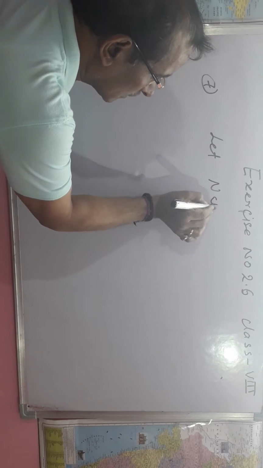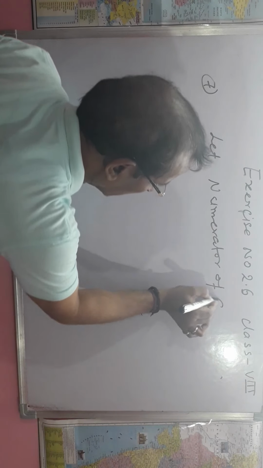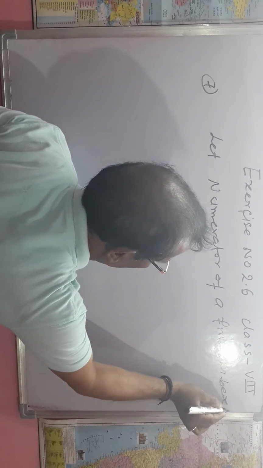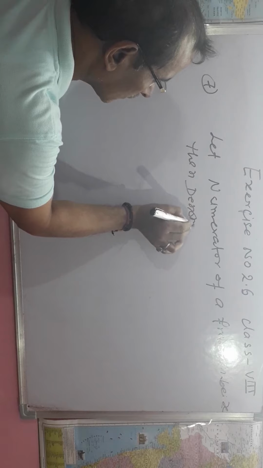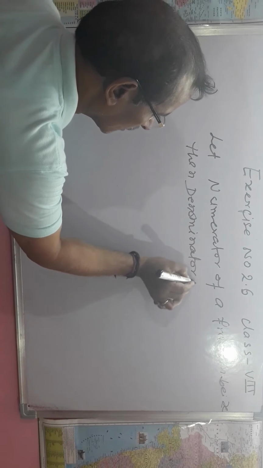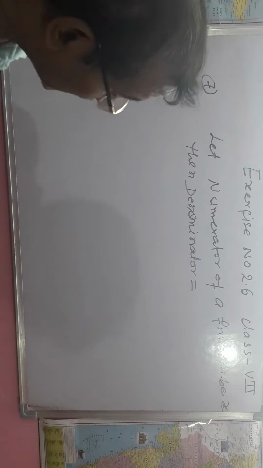Now let numerator of a fraction be x, then denominator is equal to, because denominator of a rational number is greater than its numerator by 8, it means x plus 8 will be the denominator.